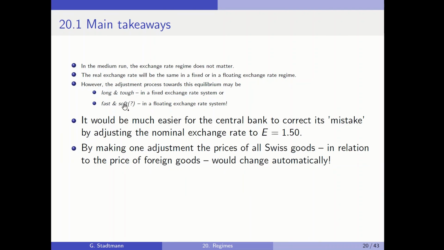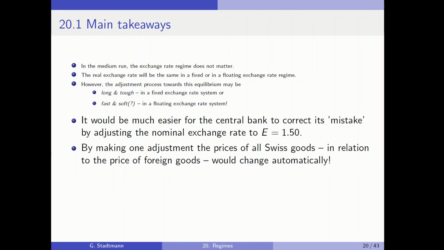After this initial shock occurred, it would be much easier for the central bank to correct its mistake by adjusting the nominal exchange rate to the level of 150. By making one decision, one adjustment, the price of all Swiss goods in relation to the price of the foreign goods would change automatically.